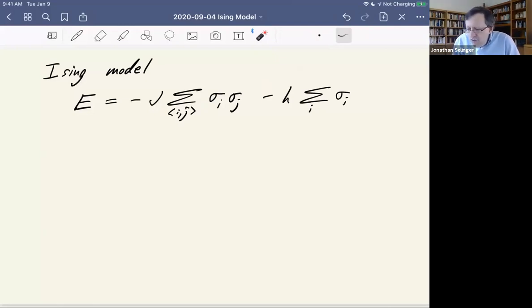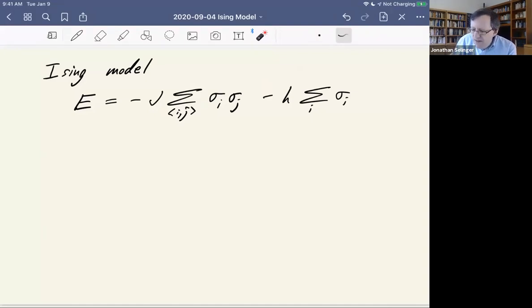The reason why it's much harder is that now we can't do calculations separately for each spin and talk about the probabilities for each spin.